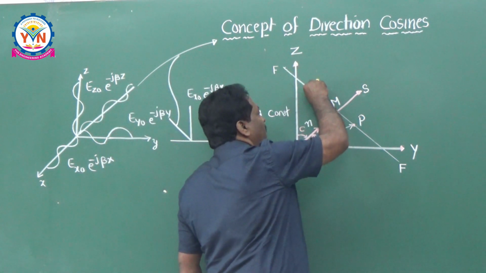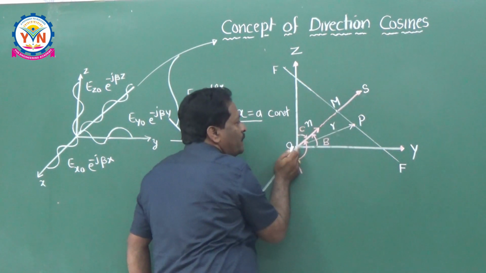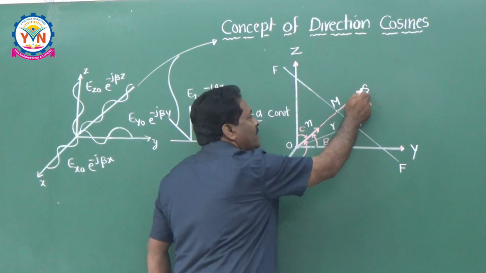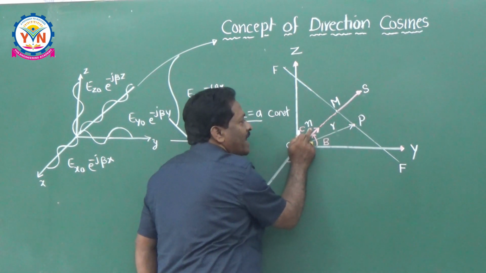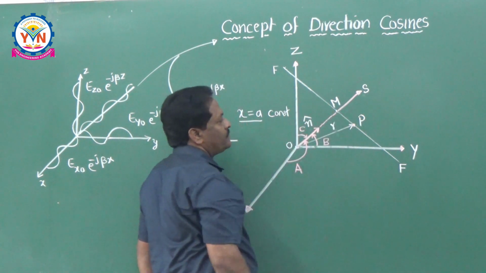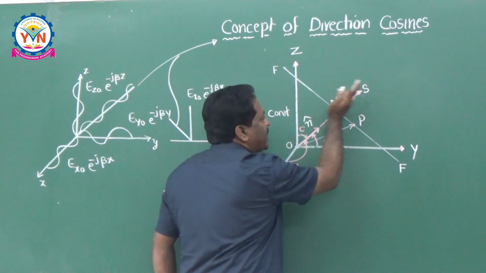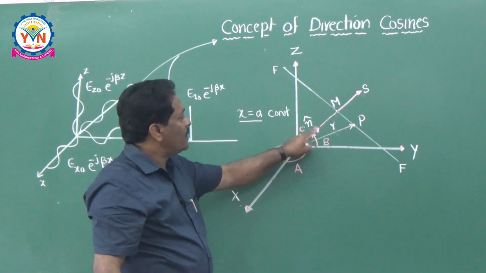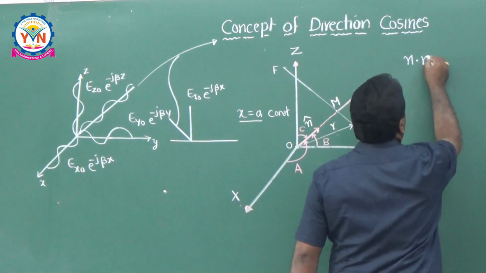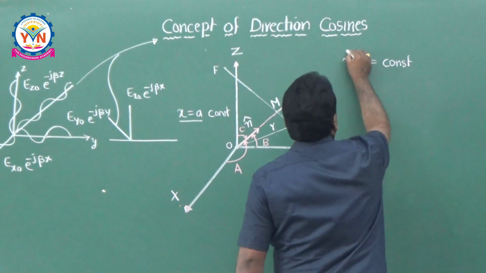is nothing but a plane which is normal to my assumed direction. This arbitrary direction is s, and I am assuming here n is a unit vector in this arbitrary direction. So if I want to write down the equation in this arbitrary direction, I can take n dot r is equal to constant. What is this n?